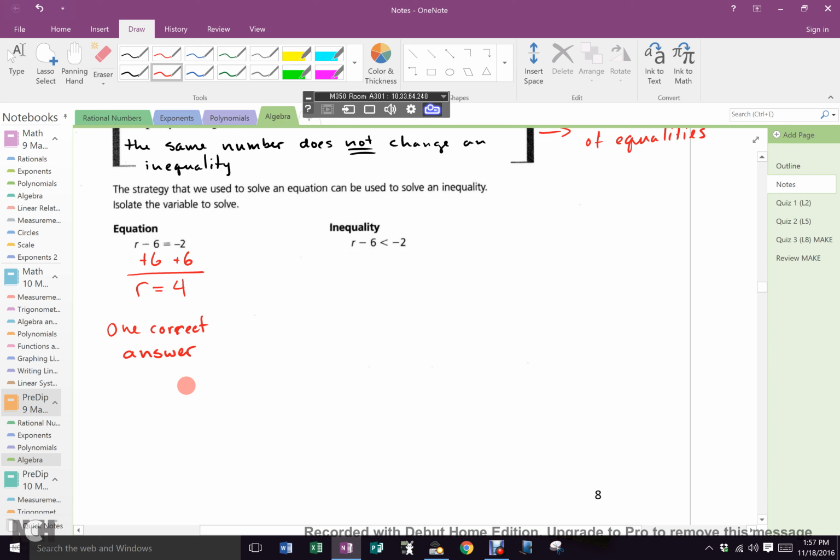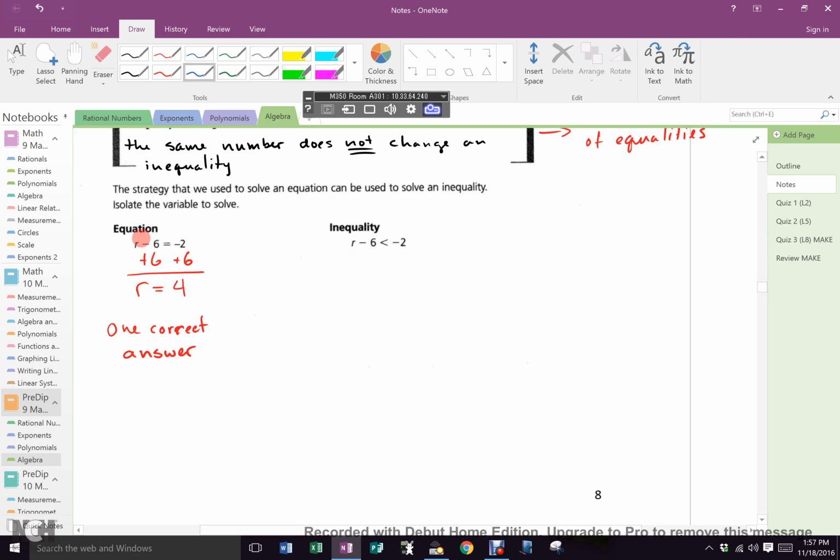Yeah? Now, we added the same to both sides. Our equality didn't change. Come over to the inequality. You guys are smart kids. You just proved that adding doesn't change it. And you know that when you see a variable, your job is to get it by itself. So what do I do here?